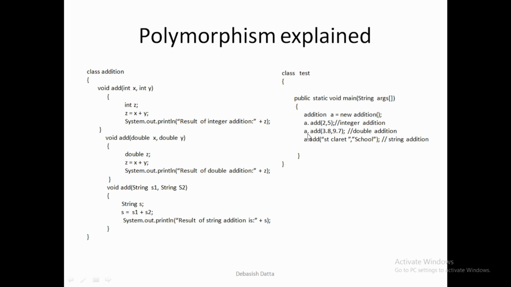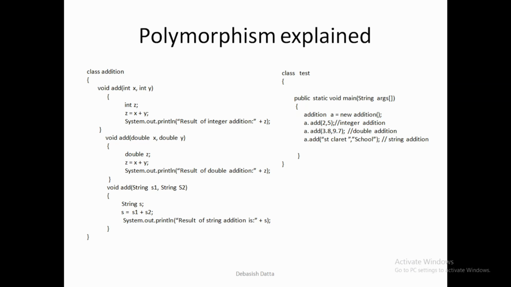Whenever we call the add function with these 2 double values, a result with double values will come. By double value, I mean a decimal value, or a value with a decimal point.